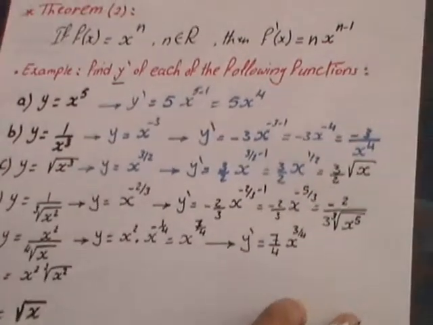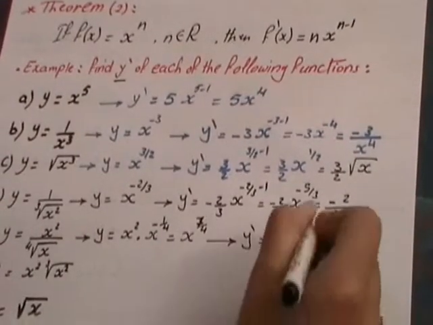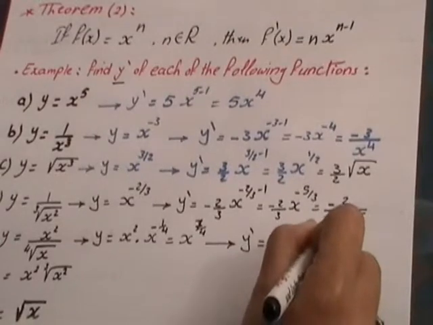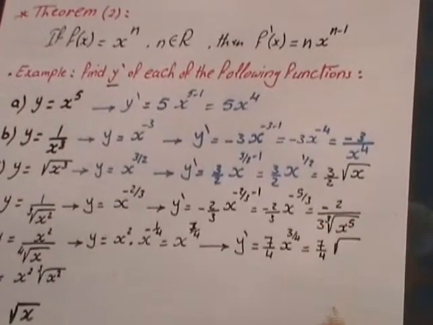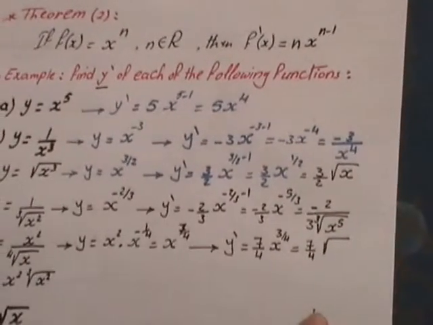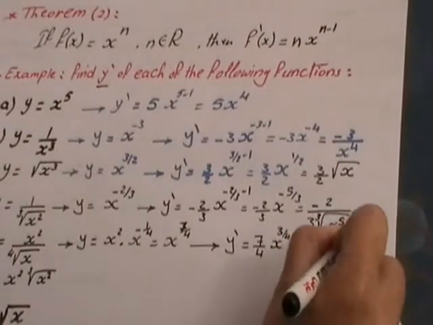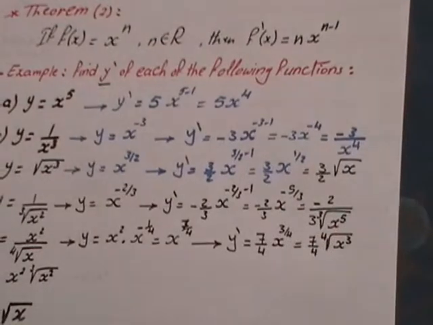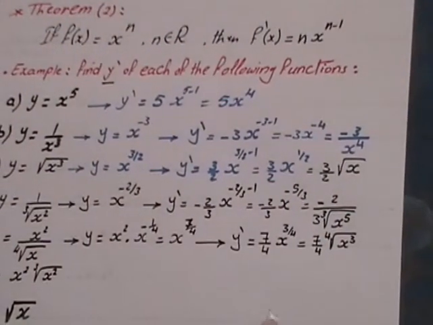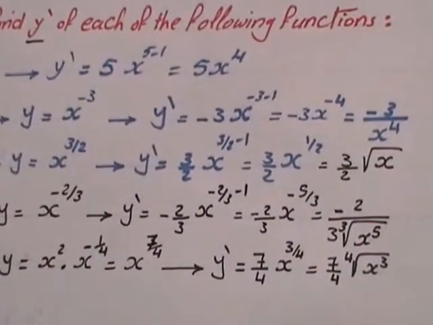We must change it to a root because we have a fractional power. What is the inner power and the outer power? The inner power is 3, so x power 3 under the fourth root. The final result, y dash, is 7 over 4 times the fourth root of x power 3.